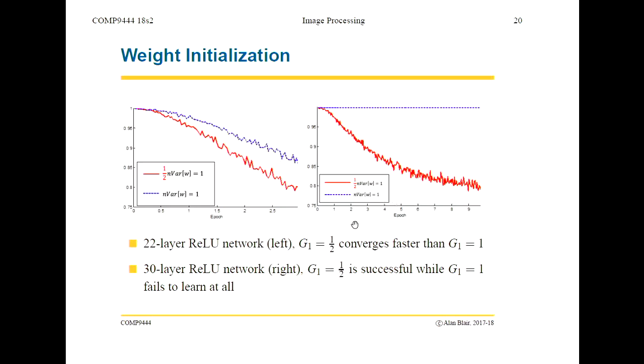When you move to 30 layers, the one with g1 equals 1/2 successfully learns, and the other one fails to learn. So this weight initialization allows us to train deeper networks. Any questions about this?